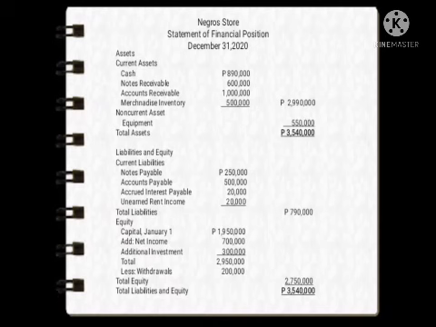So, the total assets for the year is 3,540,000 pesos.